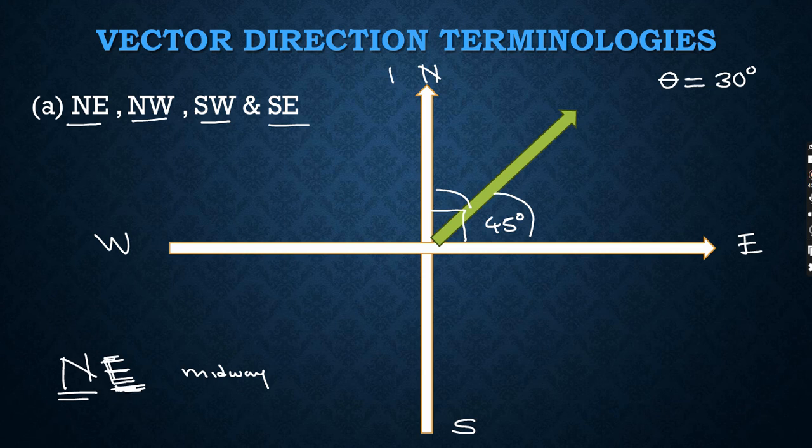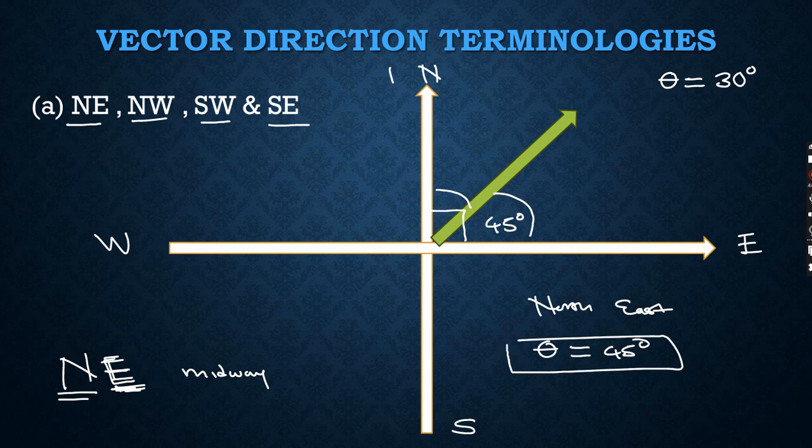Okay, so this is how you find the northeast. So you hear something like the car traveled northeast. Just know that the direction is 45 there. That's where vectors become difficult, guys.